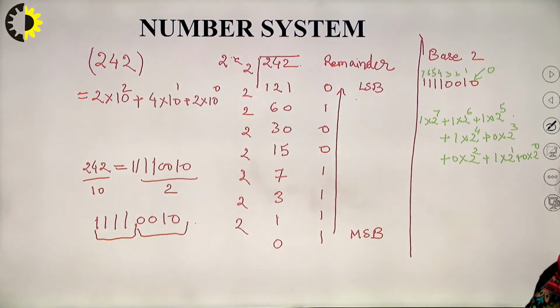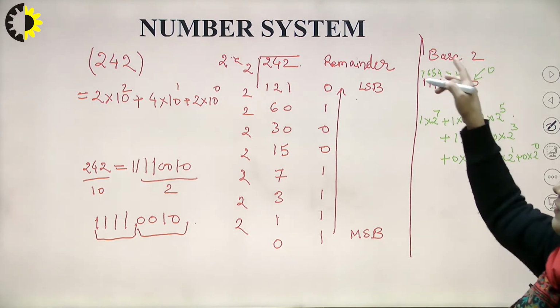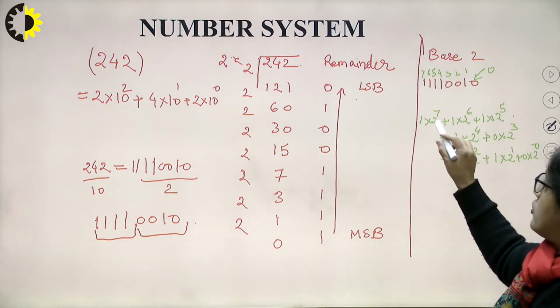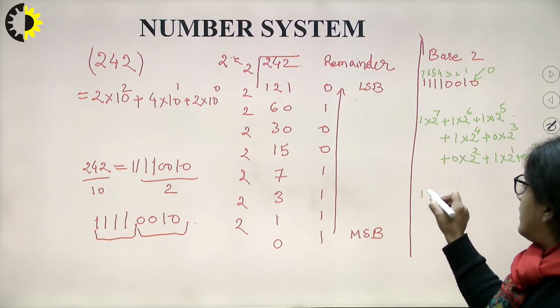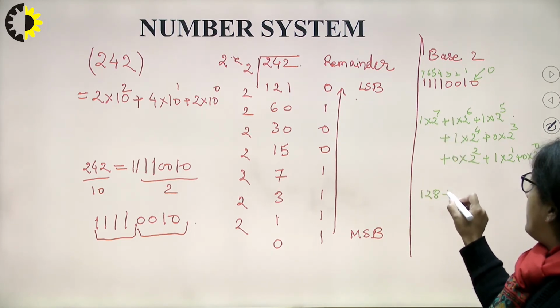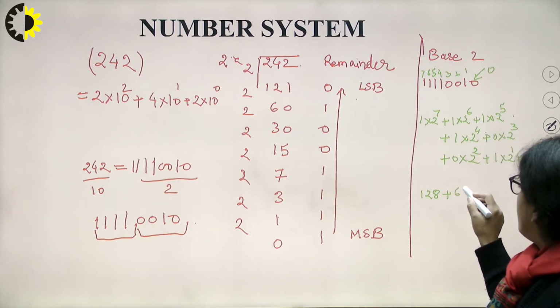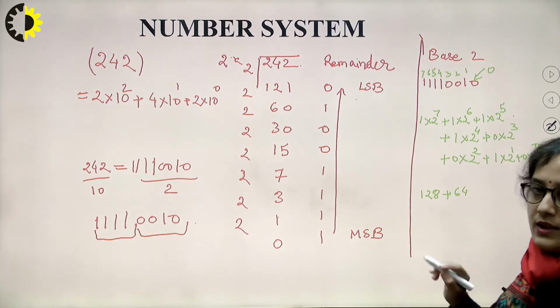If you convert this, you will find 2 raised to power 7 is 128, plus 2 raised to power 6 is 64, and so on; you can convert it.